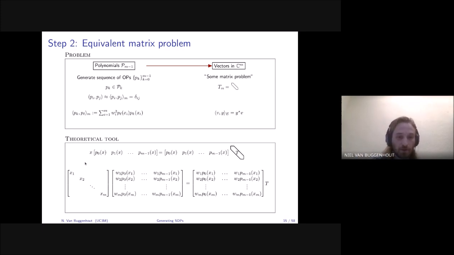From our three-term recurrence relation, we can now write this matrix factorization on the bottom. On the left, we have a diagonal matrix, and then here we have two matrices which we'll call Q, containing evaluations of our polynomials in the quadrature nodes multiplied with the weights.